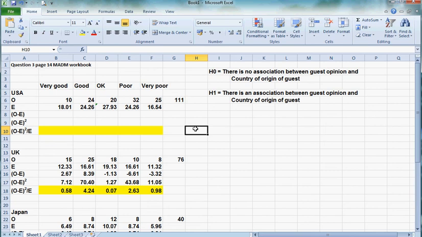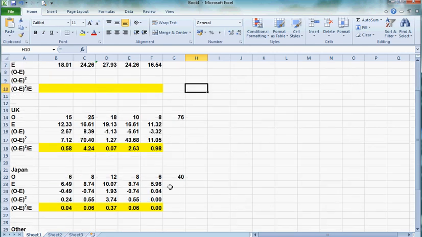We then do exactly the same for the UK, except our row total is now 76. And then we do the same for Japan using the row total of 40, and the same for other using the row total of 75.